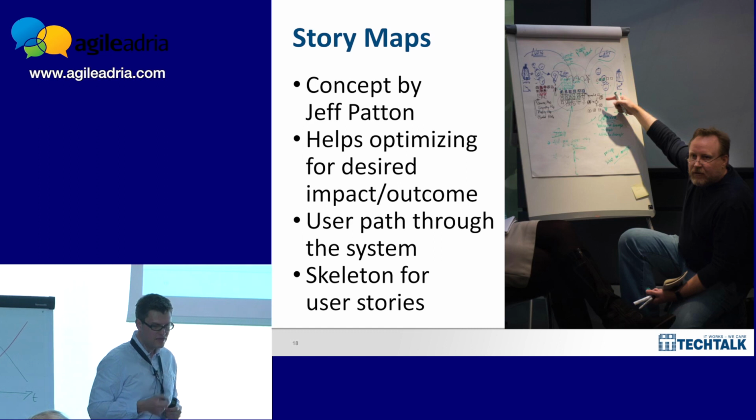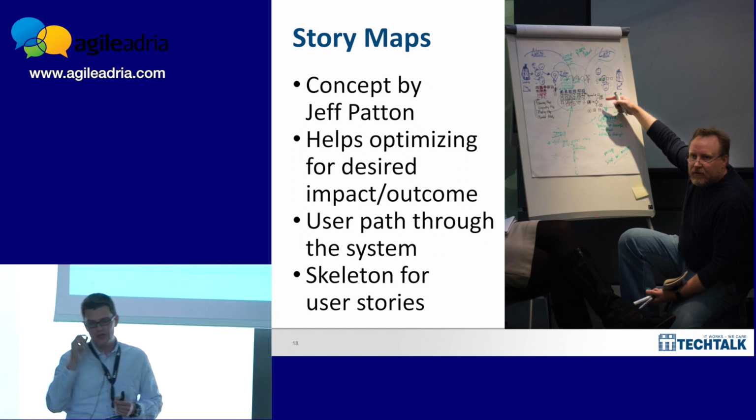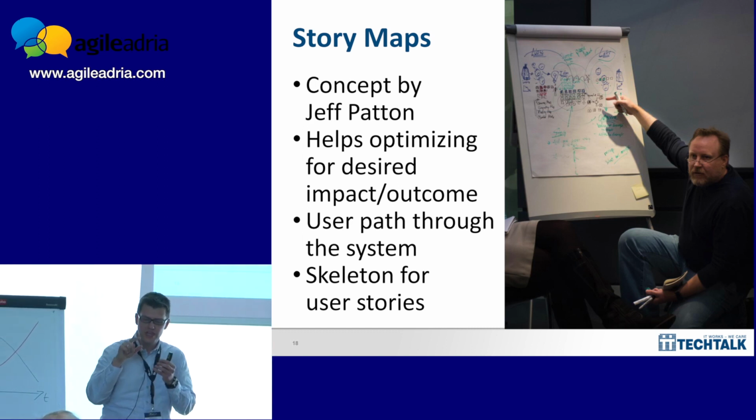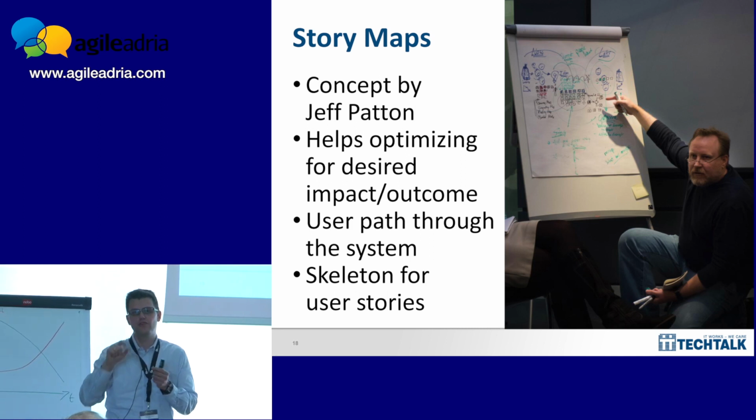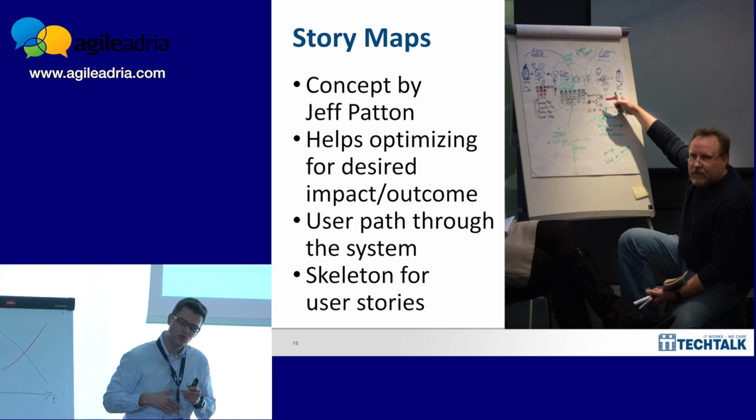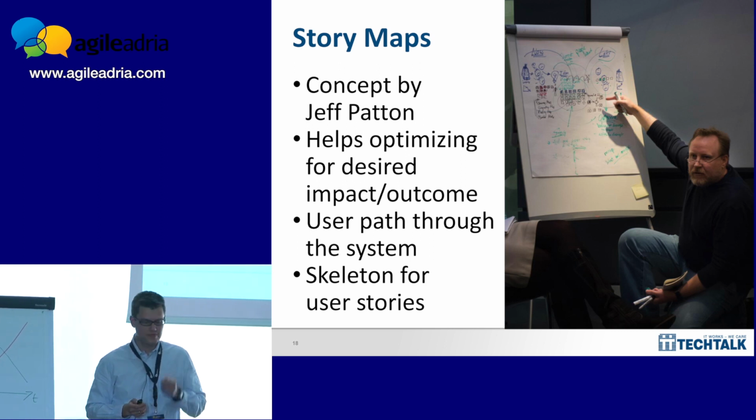What you get with this is a technique which will help you find out earlier whether your experiment is successful or not, and it will also help you to overview your product backlog.